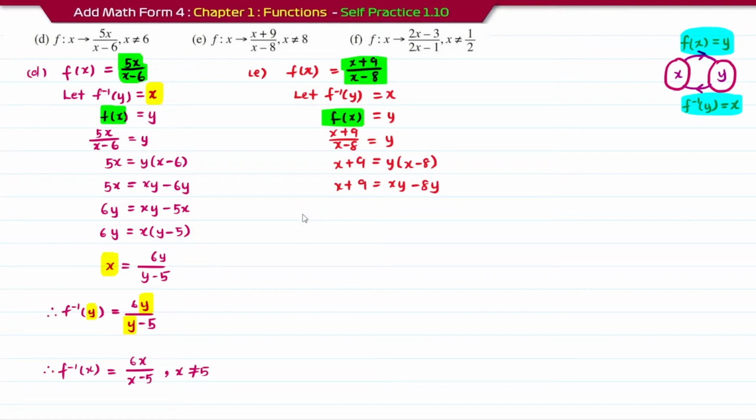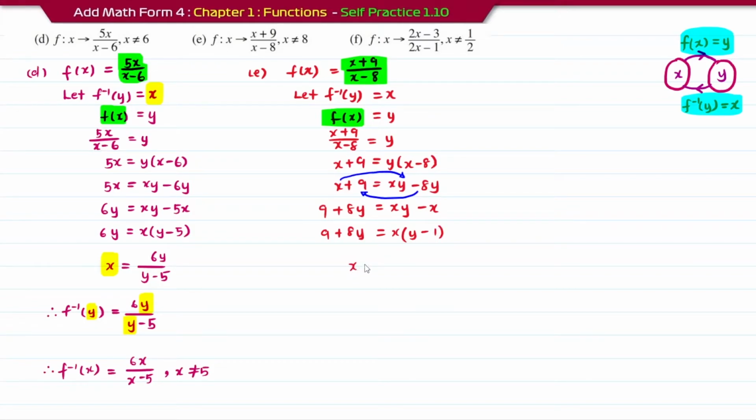Next, we are going to collect the x into one side. So here I'm going to move the x to this side and then add y to the other side. So I'm going to have next 9 plus y equal to xy minus x. So for this part here, I can factorize. I have the common factor of x here, so y minus 1.